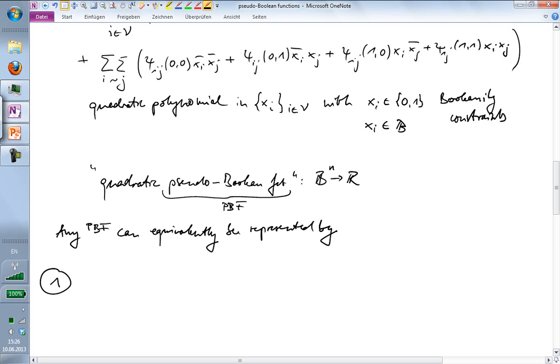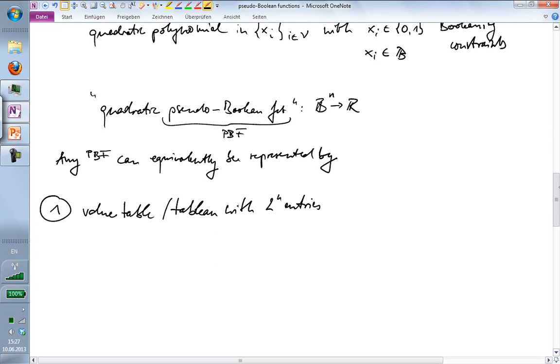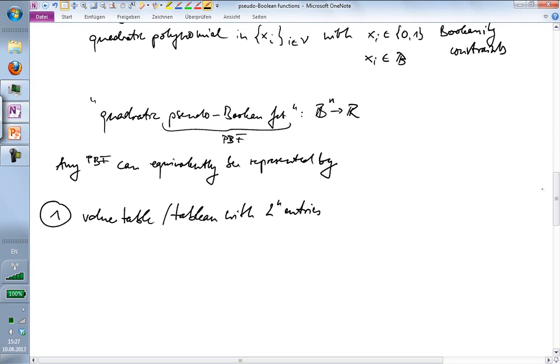First approach is to say we simply have a value table, sometimes called a tableau, which simply is a lookup table. Okay, it's not very interesting. For each and every possible configuration of variables, it stores the resulting or associated real value.